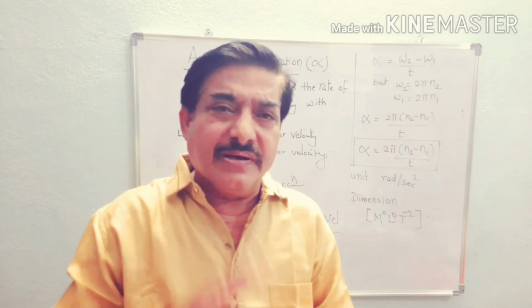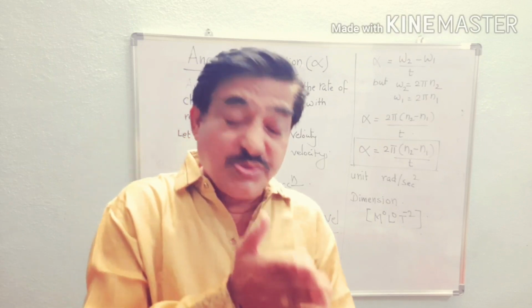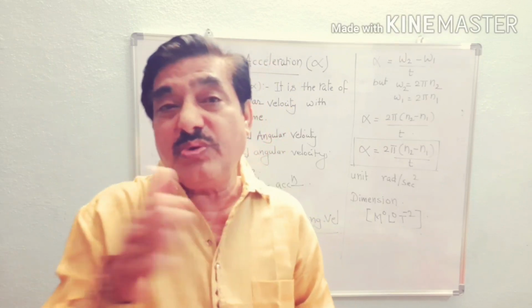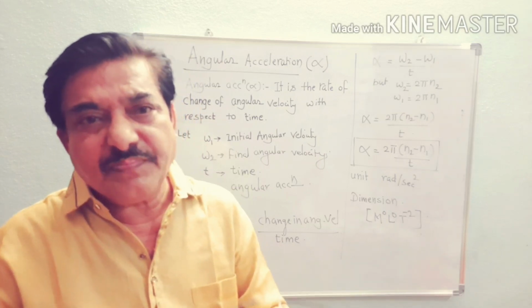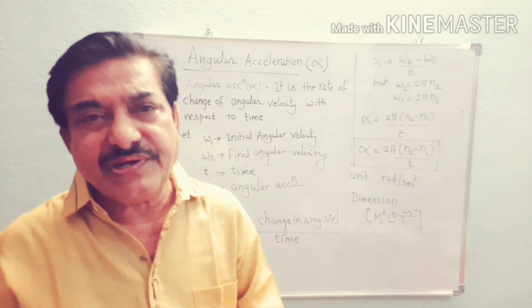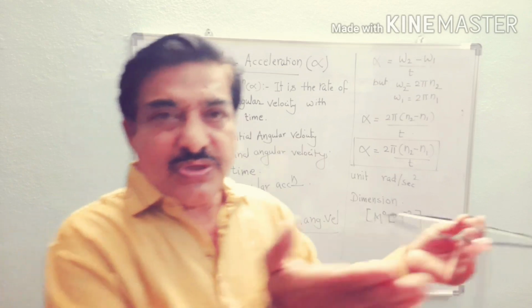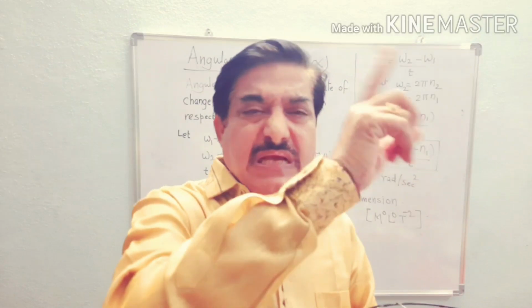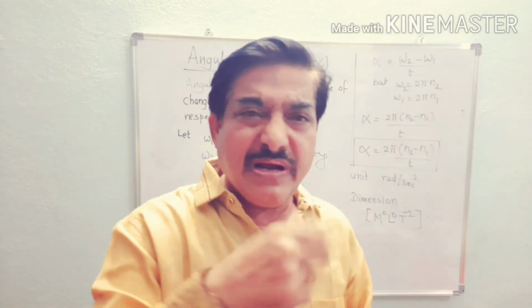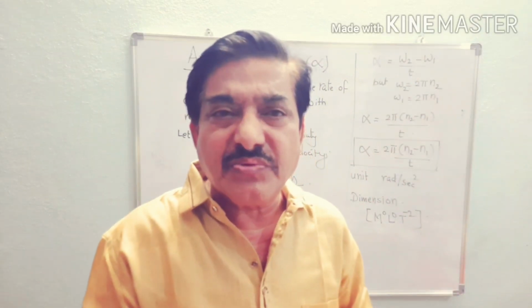So, here we have to use two sign conventions in two different situations. If alpha is present in a kinematical equation, then we have to use a sign convention in which as omega increases, alpha is positive, and as omega decreases, alpha is negative.